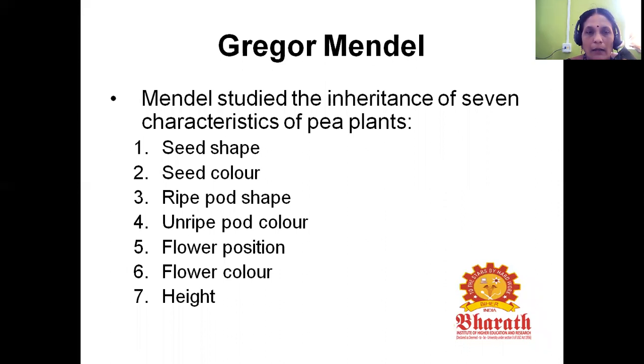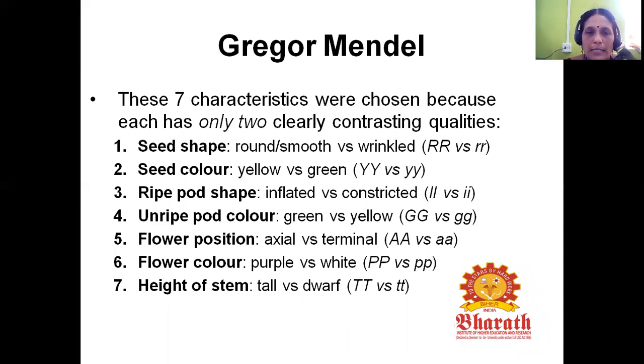So Gregor Mendel studied the inheritance of 7 characteristics of the pea plant. First is seed shape, second seed color, third ripe pod shape, fourth unripe pod color, then flower position, flower color, and height. These 7 characteristics were chosen because each has only two clearly contrasting qualities.